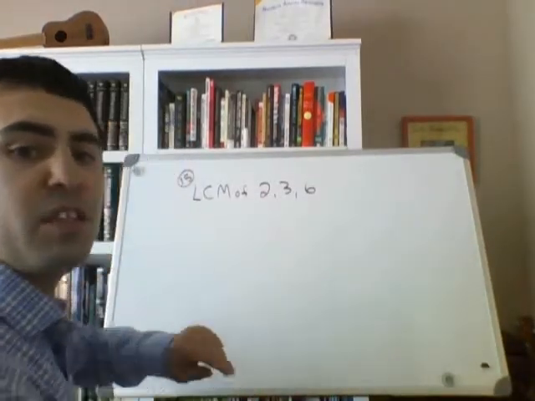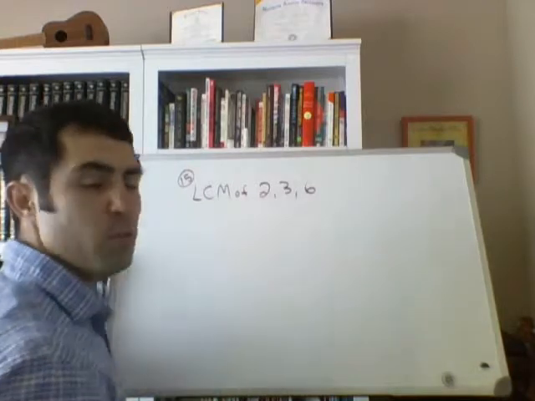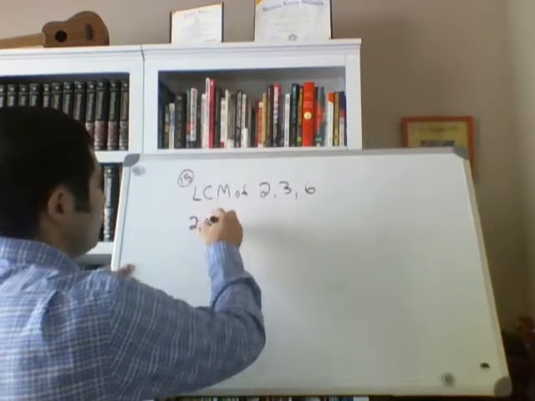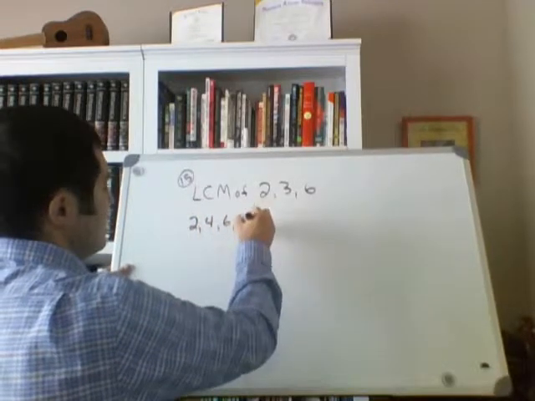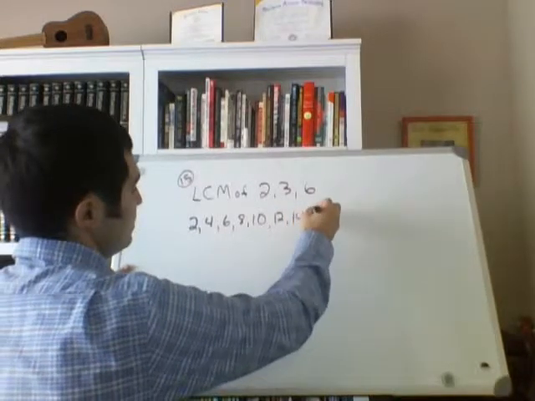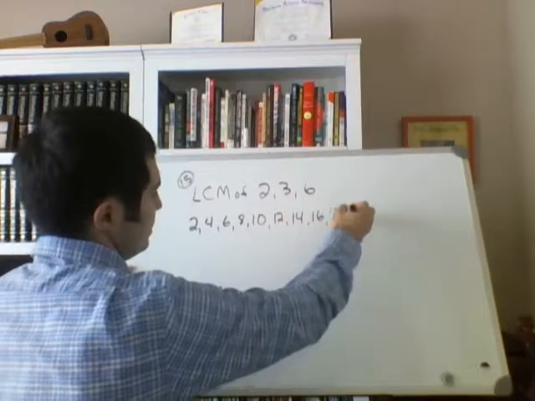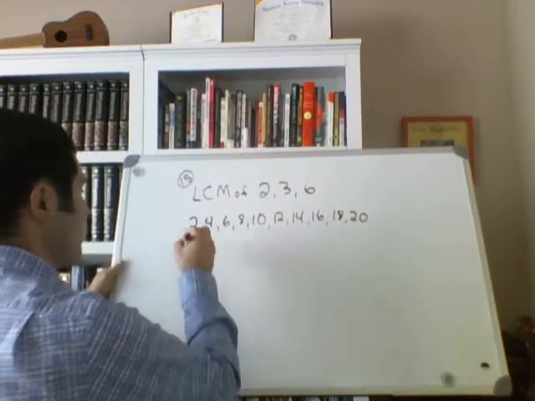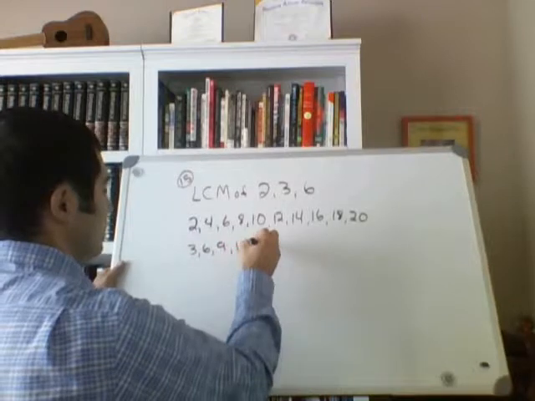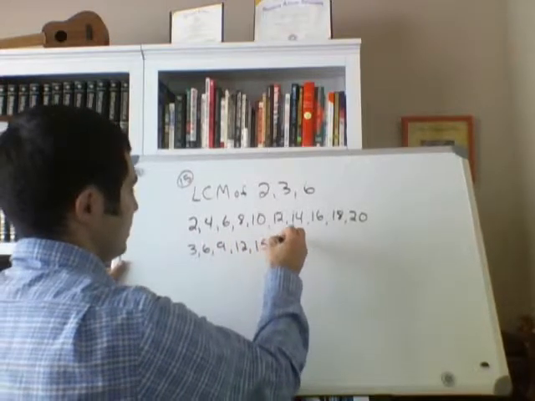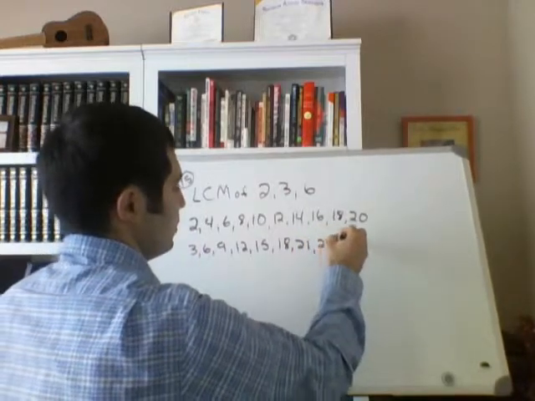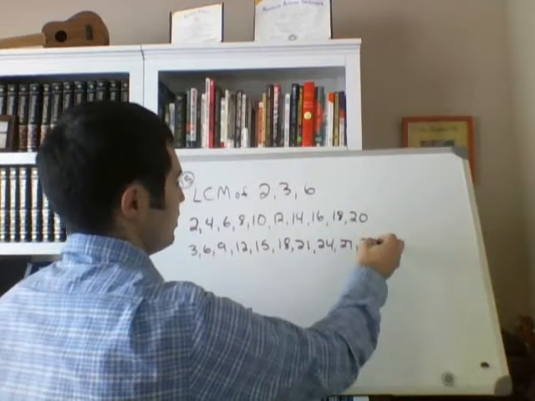Alright, problem 15, LCM of 2, 3, and 6. Remember, M stands for multiply, so we are multiplying. 2 times 1 is 2, 2 times 2 is 4, 2, 4, 6, 8, 10, 12, 14, 16, 18, 20. Alright, multiples of 3. 3, 6, 9, 12, 15, 18, 21, 24, 27, 30.